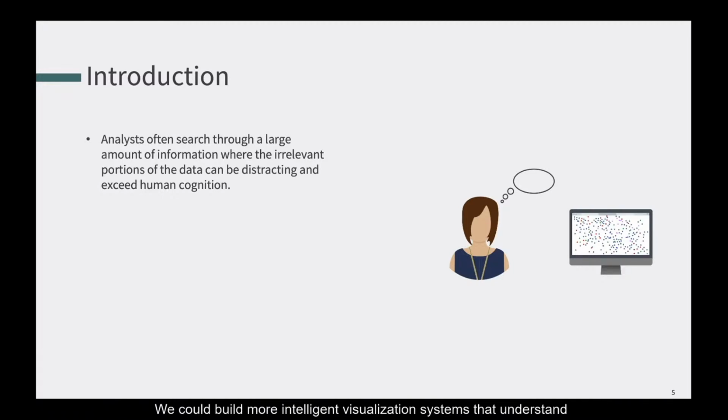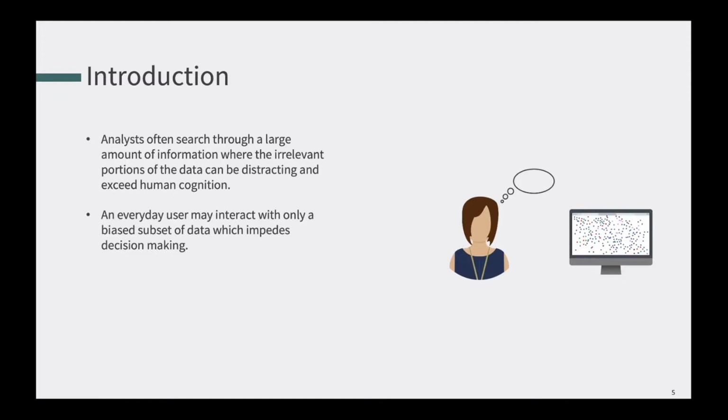We could build more intelligent visualization systems that understand what the user is looking for and automatically filter to mitigate this information overload. Another example is that everyday users may interact with only a biased subset of data, which impedes decision making.